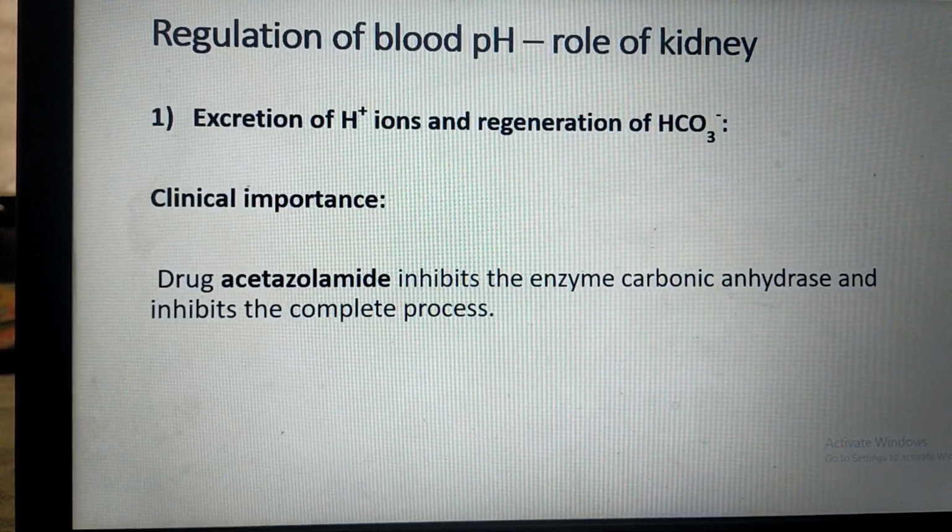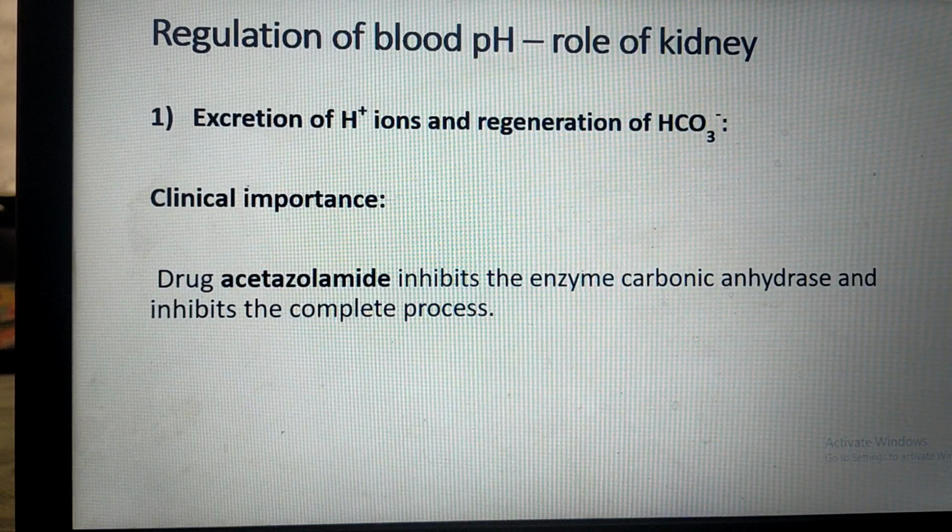Now the clinical importance of this step is a drug called acetazolamide. This drug is used in various ophthalmic preparations, means it is an ophthalmic drug. It is a drug which is put in the eyes for some disease. So this acetazolamide inhibits the enzyme carbonic anhydrase. I think acetazolamide tablet is also available. So when you take this drug, it inhibits the enzyme carbonic anhydrase.